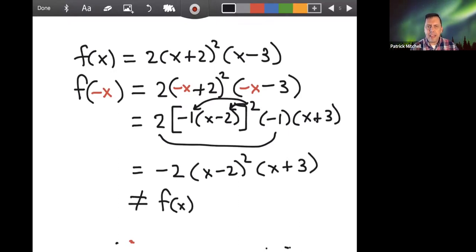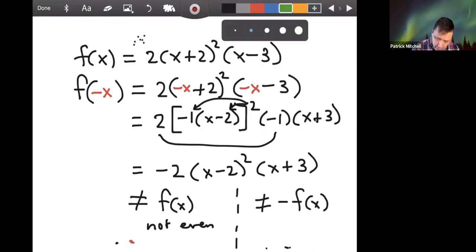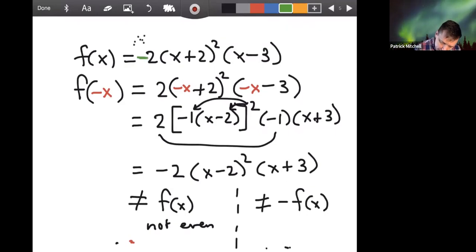I'm using some lazy notation here, I hope you'll forgive me. So this function is not even, and it's also not equal to the opposite of f of x. Opposite f of x would just be, looking back up here, if I stuck a negative sign right here. If this thing had come out like this, then that would be opposite of f of x.